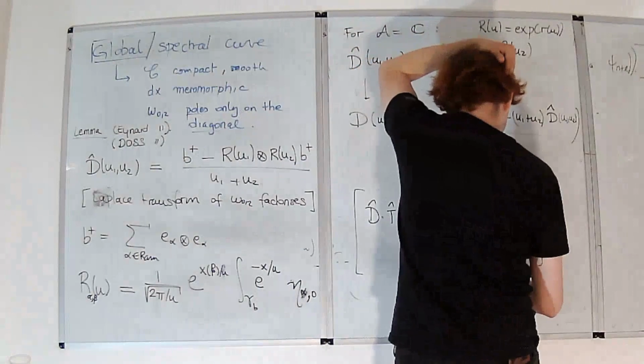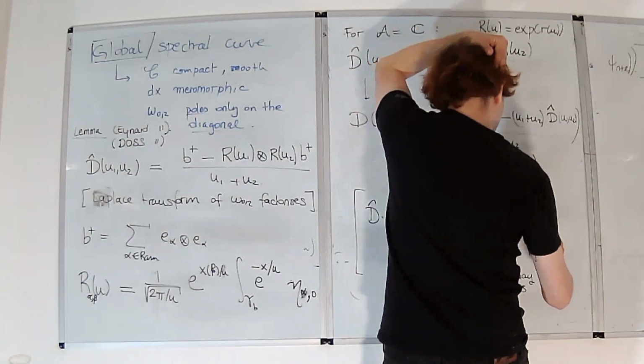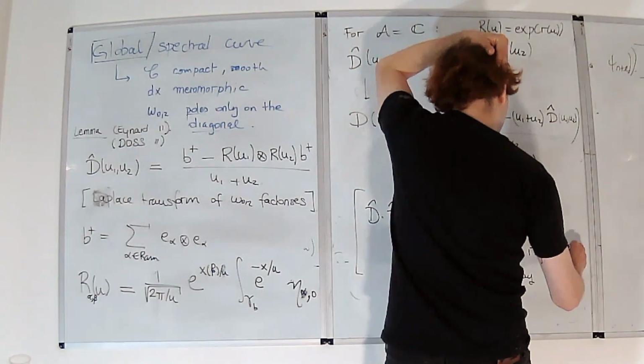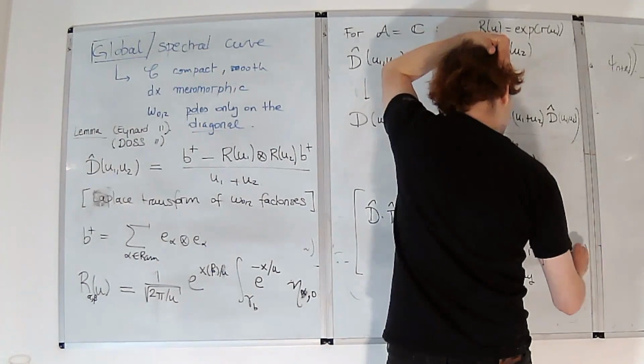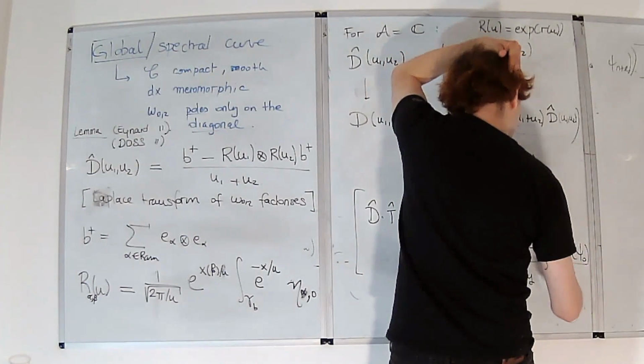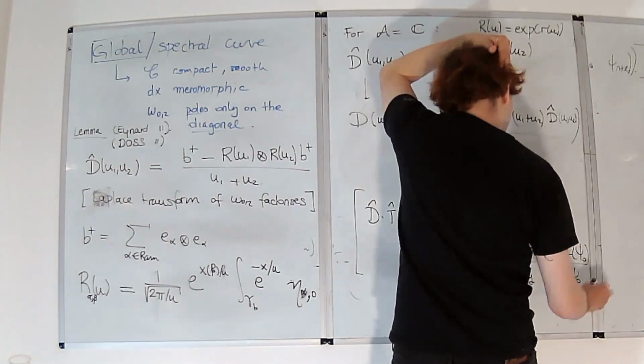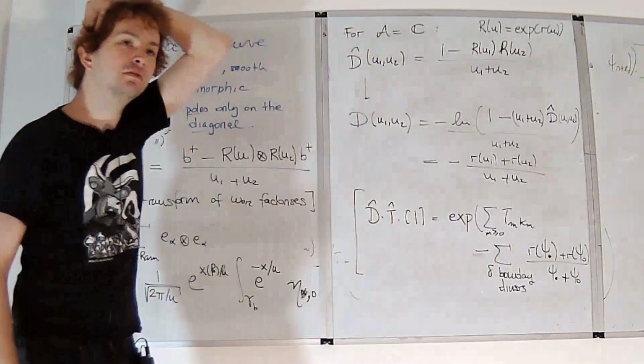So now it means that this guy is going to be a minus R. So it has this structure.